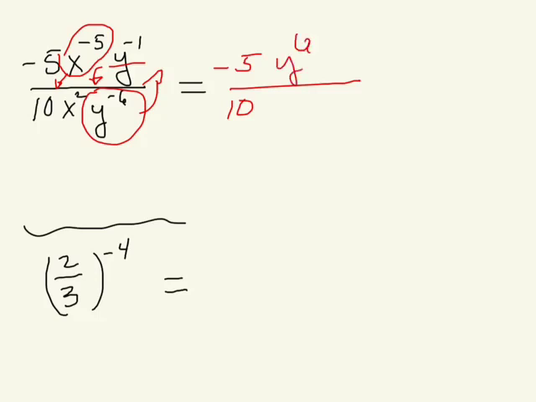It comes up. And I have nothing else. Down below I have an x squared. And then I have an x to the 5th, because it was a negative 5 and it came down. And I have a y to the 1st, okay, which is just y.